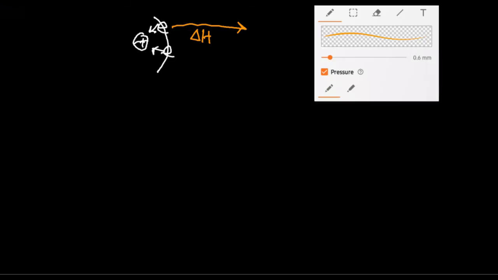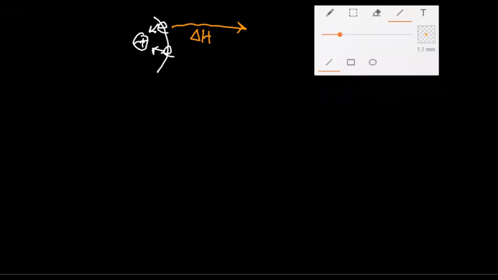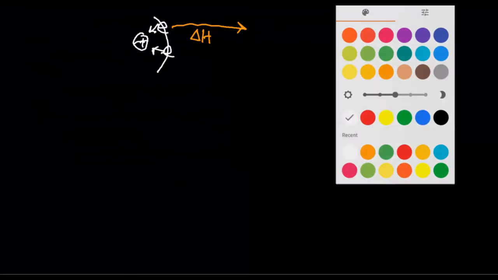Now there is an anomaly about it. Let me draw the graph, then you will be able to understand what I'm trying to tell.